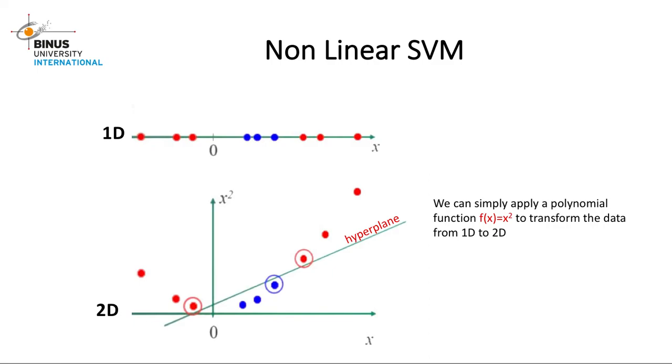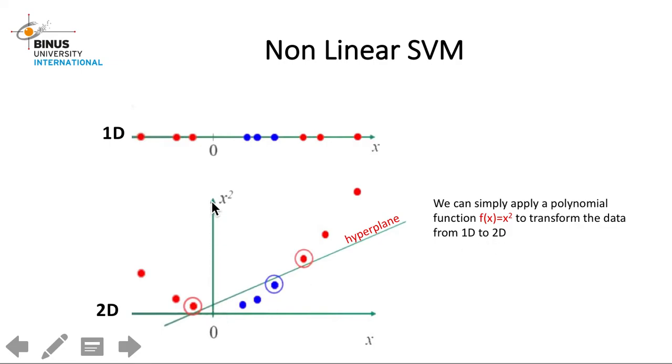For example, we have one-dimensional data like this: positive, positive, and then negative in the middle, and then positive, positive. How do we transform this data into a higher dimensional space? One way is to apply a polynomial function, f(x) equals x squared, to transform the data from one dimension to two dimensions.